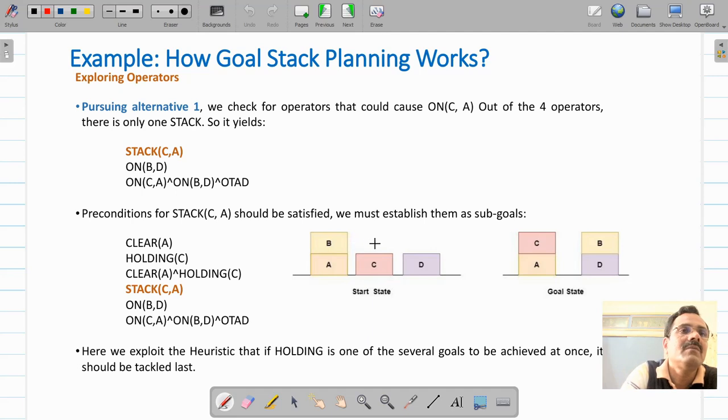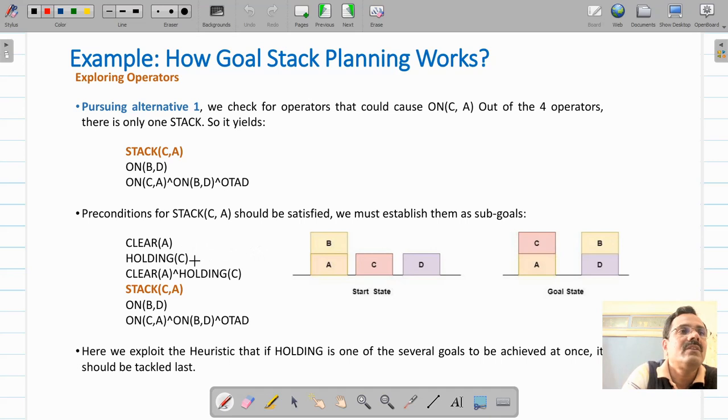And if the robot arm is holding something, then it has to perform an additional operation: it has to put down whatever it has in the arm, and then the latter operation can be performed. So although it looks like the easiest operation in the current situation, you should always keep this holding operation at the end. Give it the lowest priority, because holding is related to the robot arm, and this holding operation is required every now and then to perform other operations.